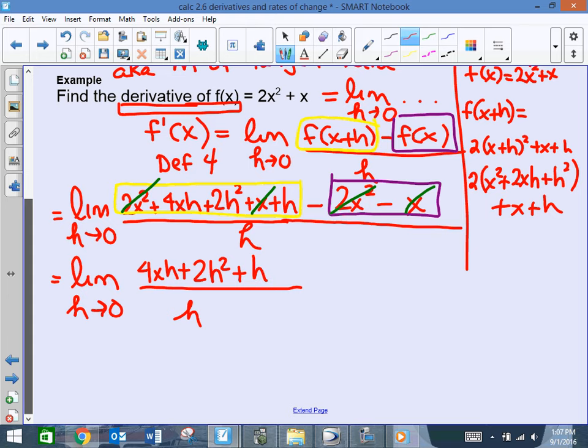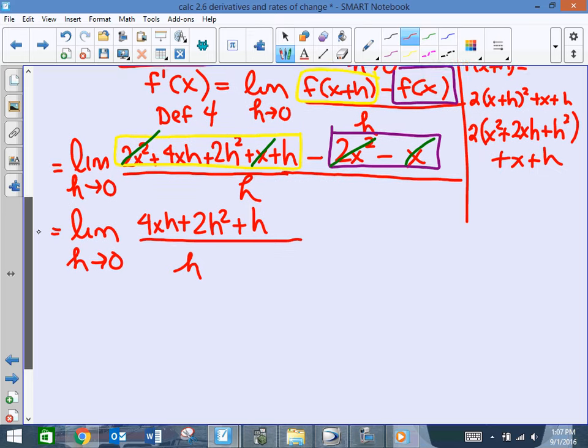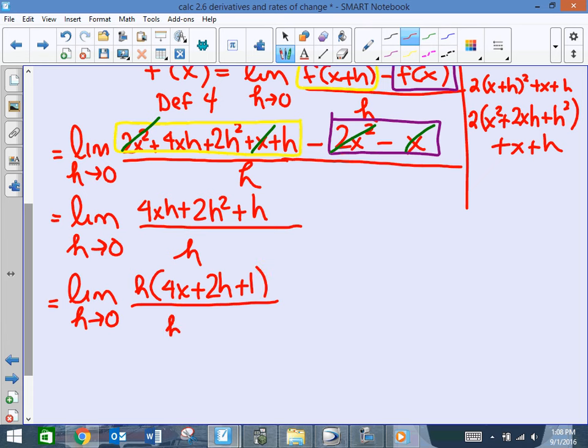Did I miss anything? Okay. My h is still there. How do I divide it out? Factor out the h from the top. That's right. We cancel factors, ladies. So 4x plus 2h plus 1. Now they cancel.